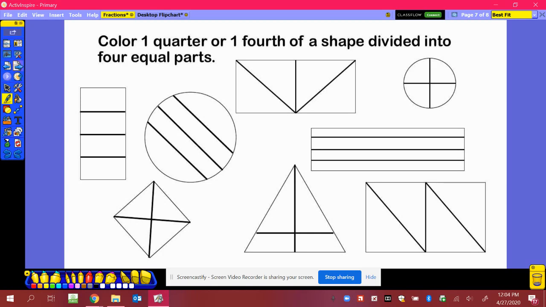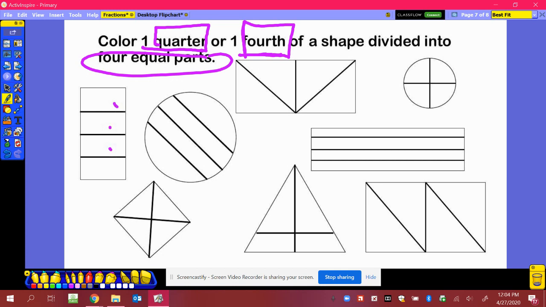So if we look at this line, it says color 1/4. Quarter and fourth both mean 4 equal parts. So we're going to check and see. 1, 2, 3, 4. Yep, and they are equal. 1, 2, 3, 4.